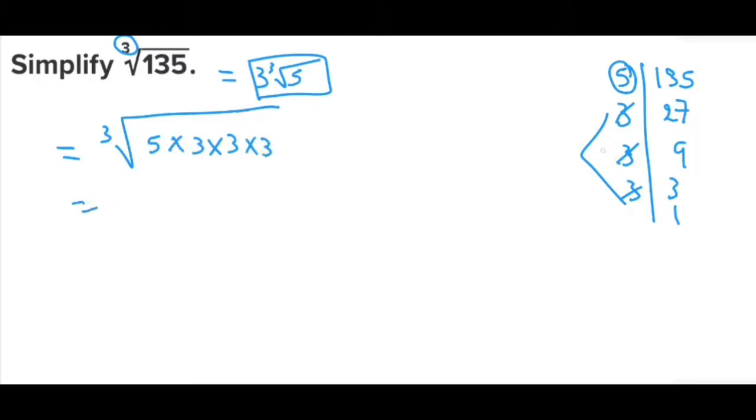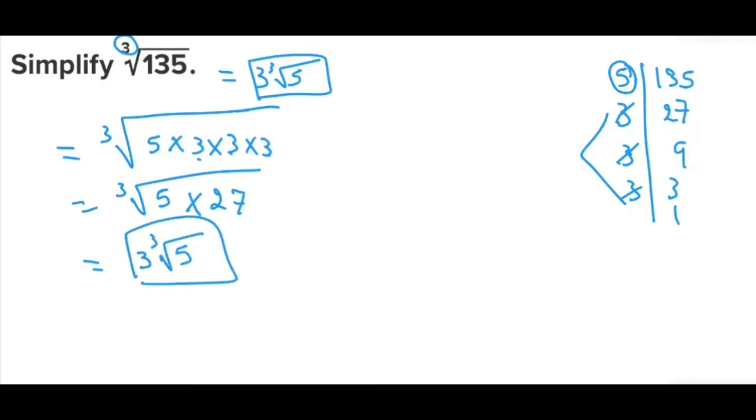I got this from the factors here. So this is equal to 5 times 27, because 3 times 3 times 3 is 27. And we know that cubic root of 27 is 3. We get it outside the cubic root and 5 remains inside the cubic root.